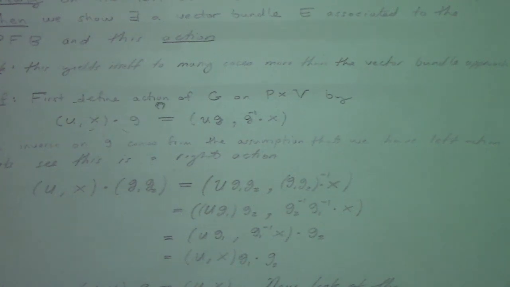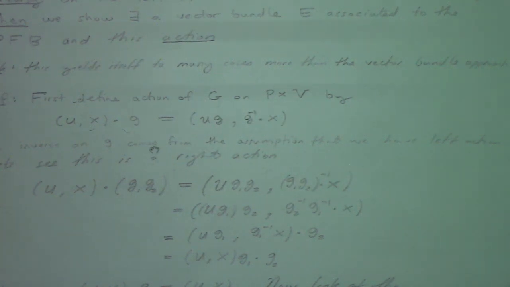So first we define the action of G on the Cartesian product of the principal bundle and a vector space by the following. Look at that. That's a little bit different. So G acts on the right of U, but G inverse acts on the left of X. Like that. X is a vector. So, yeah.